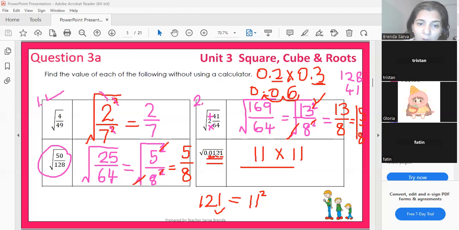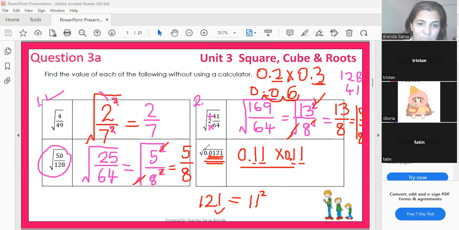But if I have 4 decimal places, that means the question must have at least 2 decimal places each. You understand? Only when you have 2 decimal places, you can have 4 decimal places as your answer. So put in the 0 and put in the 0. It would have been 0.11 times 0.11.